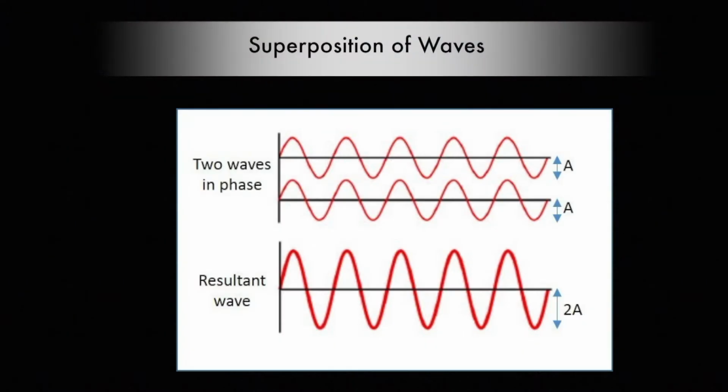So let me ask you this question. Have you ever observed a scenario in which you place your mobile phone near your TV screen? When your phone rings, you might have observed that the screen of TV shakes, and at the same time the sound gets diminished. And have you ever questioned why is this happening? This is because when two or more waves propagate either in same direction or in opposite direction, sometimes they overlap on each other.